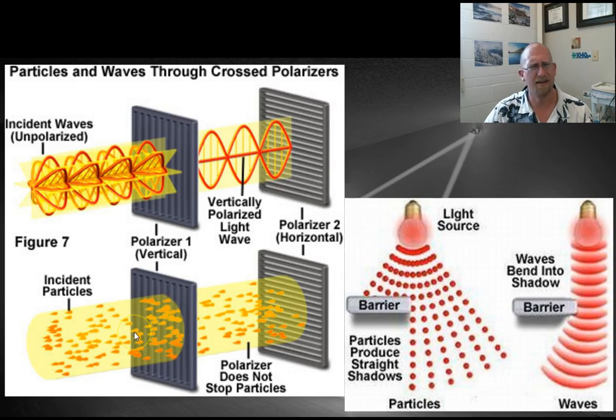So it's weird. It's both a light wave and a light particle. If it were purely a particle, we would expect that light would go zipping past a barrier and we'd have a straight line shadow. But in fact, it waves and it bends, and shadows tend to do this kind of stuff. And so it's a wave and it's a particle.